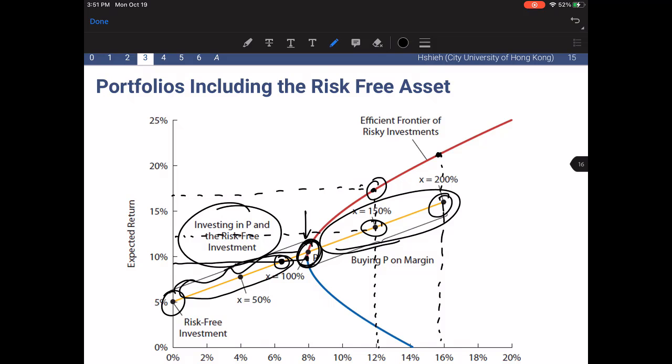If we move P such that the slope of the yellow line becomes steeper, we can actually improve our set of possible portfolios and expand our frontier to more efficient portfolios. We should try to increase this such that we get a tangency, something like that. This should be our portfolio, some intersection.